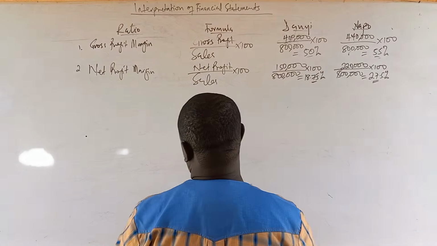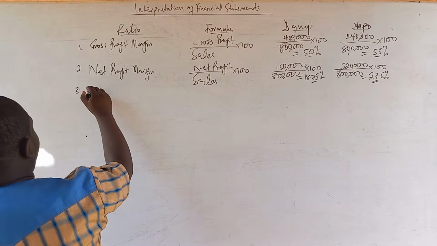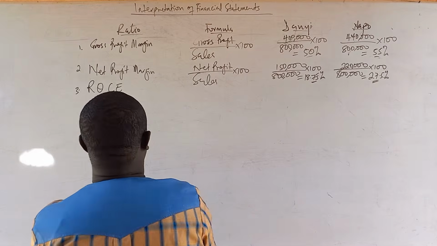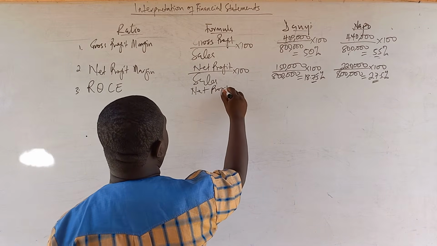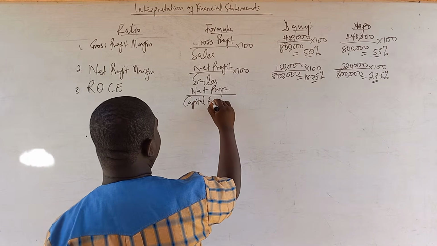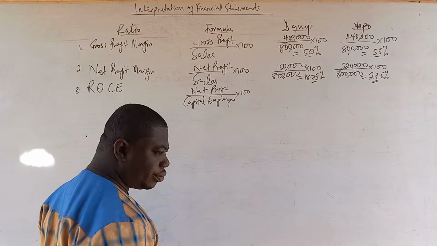All right, so let us look at the last formula under the last ratio under profitability, return on capital employed, ROCE, and is based on closing capital. The formula is your net profit over capital employed, which in this question is a closing capital, times 100.